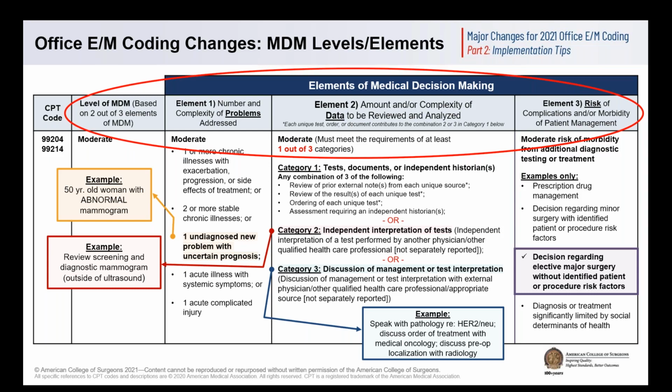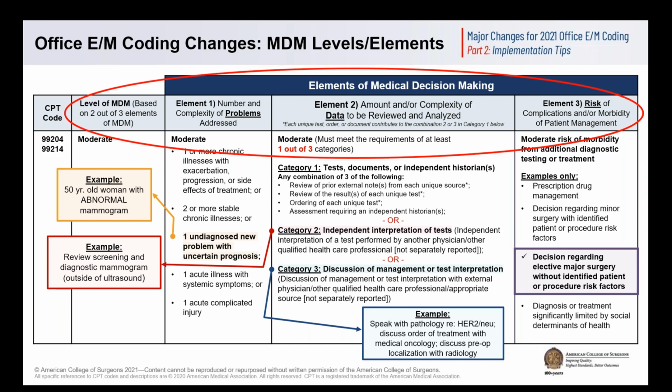The problem that's being presented doesn't have to be a diagnosis, it can be a number of different things. Then there's the data that is relative to that problem, and the risk that's relative to the particular patient that you're managing. Beyond that, under each of the elements, particularly under the data element, there are a number of categories.